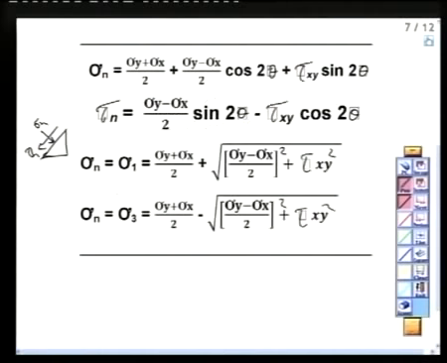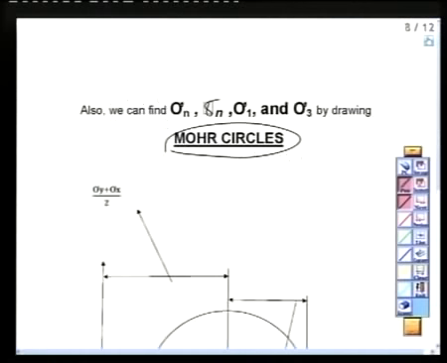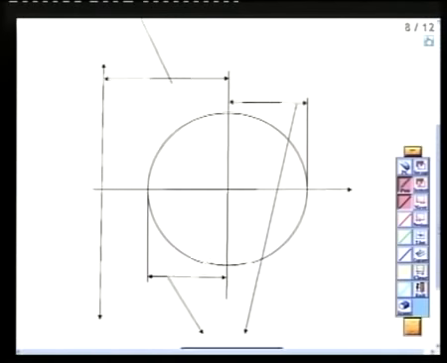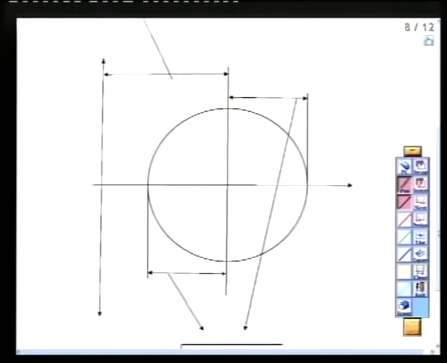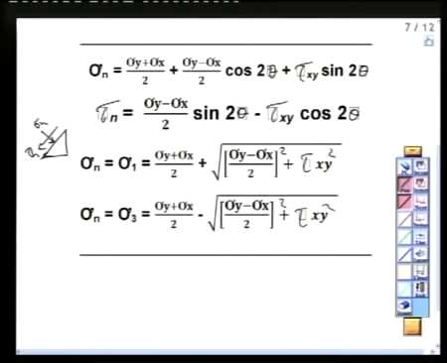First of all, we will try to find sigma 1 and sigma 3. Now, Mohr circle means that we have two axes. This axis is sigma, the normal stress, and this axis is tau, the shear stress. Now, first thing, if you remember, the equation has two parts.